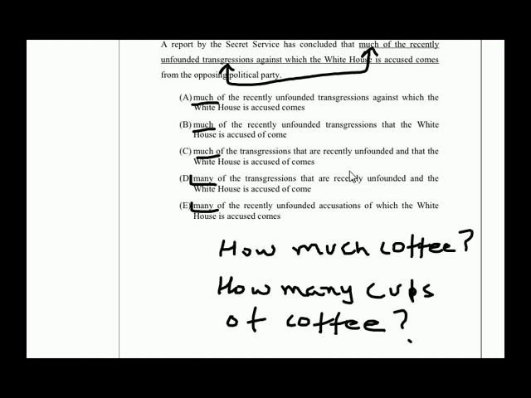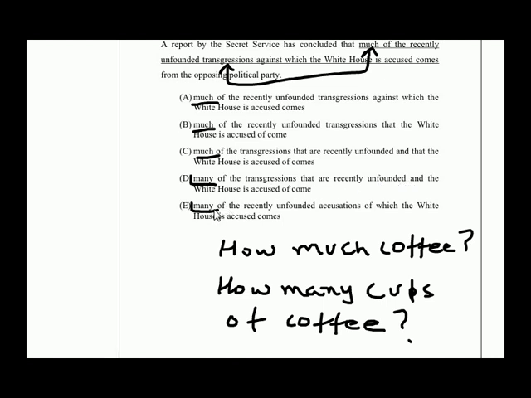So this recently has moved from recent transgressions, it has become recently unfounded. So that has moved the meaning of what is recent. Is it the transgression which is recent, or is it only recently that it has been proved to be unfounded? So not too sure about D.